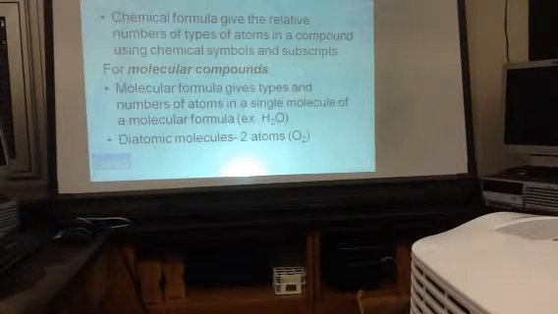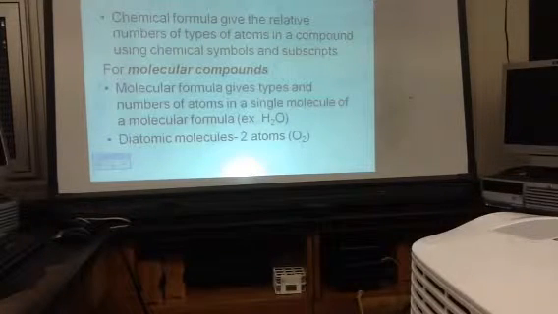What were the 2 names here? Hydrogen and oxygen. There are 7 that occur as diatomic molecules. Anybody know any others? There are 5 more. Di means 2 atoms bound together.